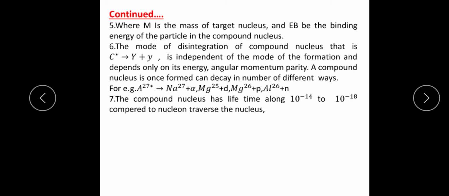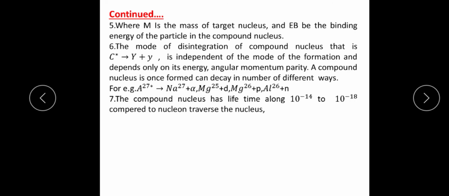Now, the second step of a nuclear reaction is the disintegration of that compound nucleus. When that compound nucleus is disintegrated, it gives two products, capital Y and small y, where capital Y is our product nucleus and small y is the product particle.